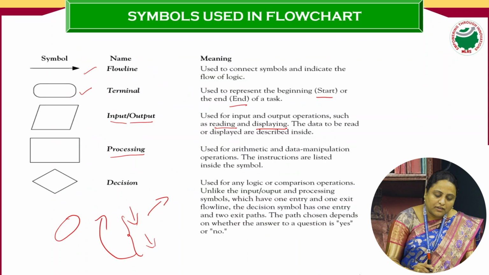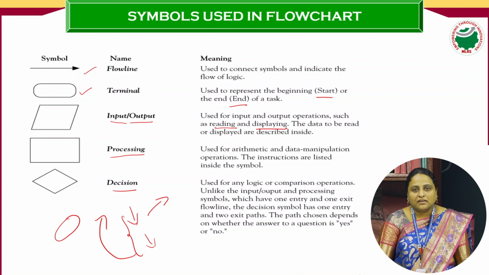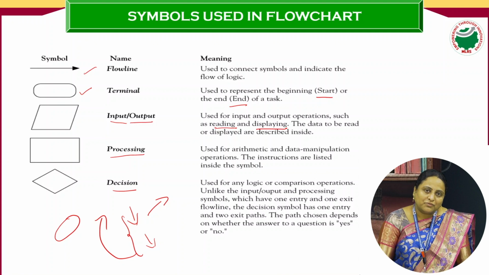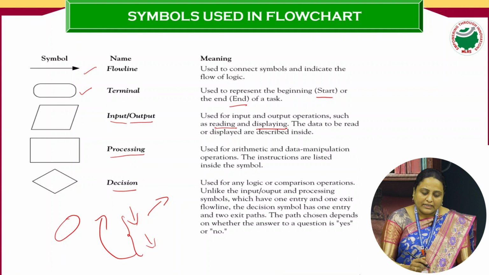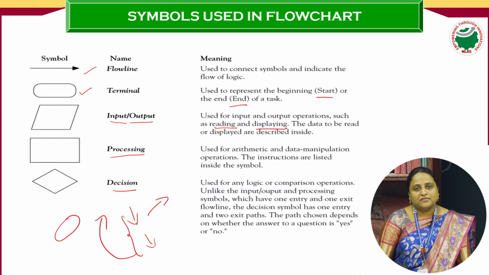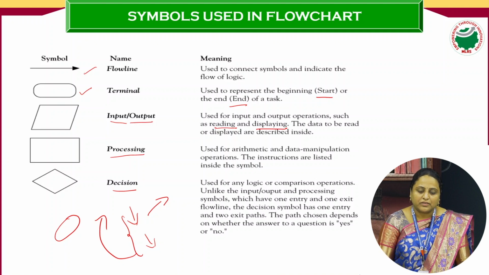And the next one is the rhombus, which is used for decision making, because we have discussed that problems can be of two types. One is problem solving using some formula, taking some input values, and getting the output. The next one is decision making, where we decide whether a number is even or odd, prime or not, and so on.